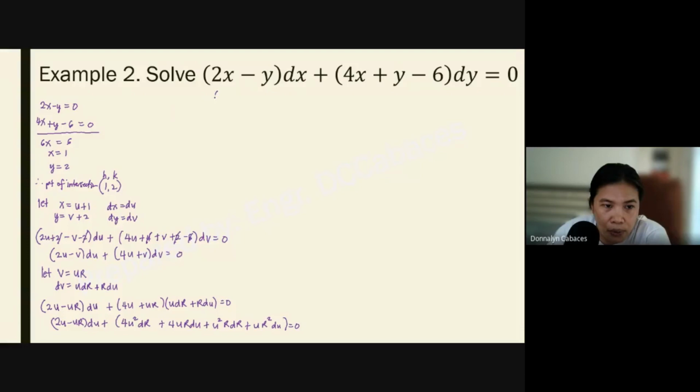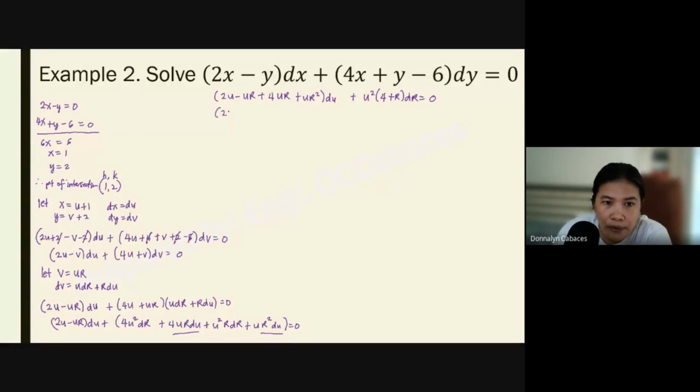So putting together those with du, you have 2u minus ur, and here with du are these terms, so you have plus 4ur plus ur squared du. And with dr, common here and here, u squared, plus u squared times (4 plus r) dr equals 0.